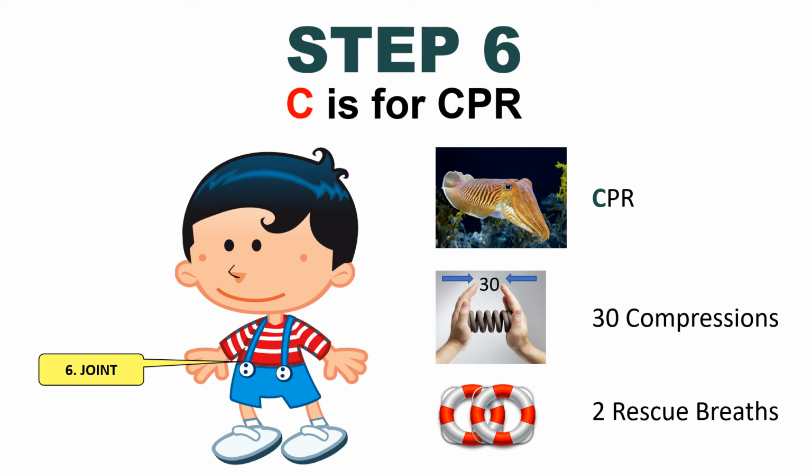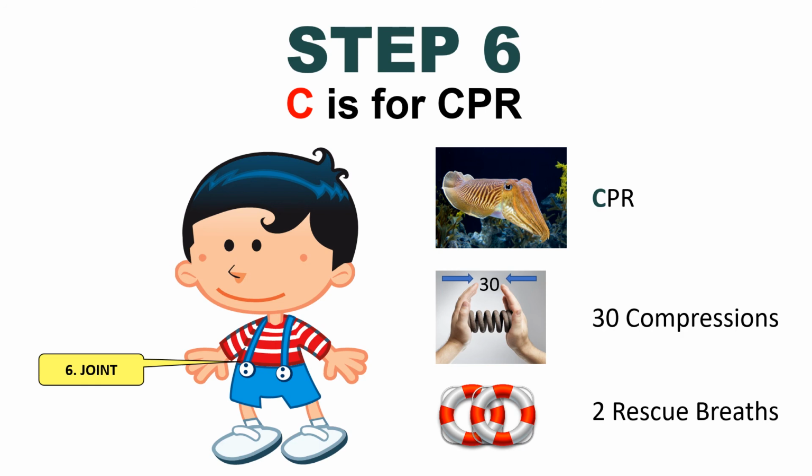Step 6. C is for CPR. Position 6 on the body was the hip joint, or just joint. Here we had the picture of the sepia, a cuttlefish, which represented CPR. We also have the image of the spring being compressed 30 times to represent 30 compressions.